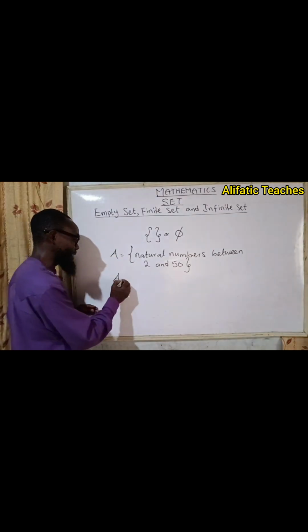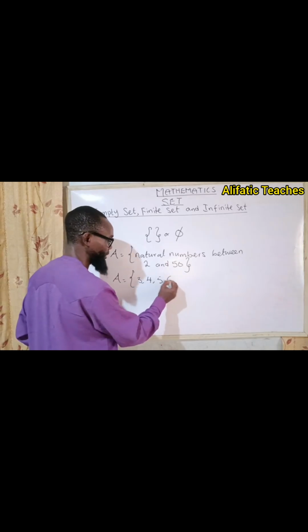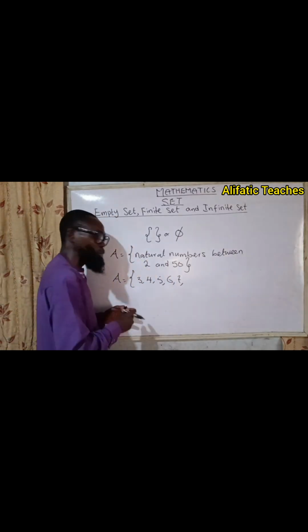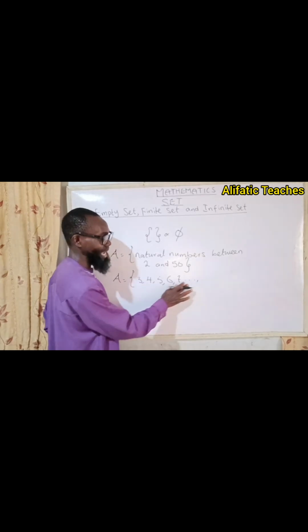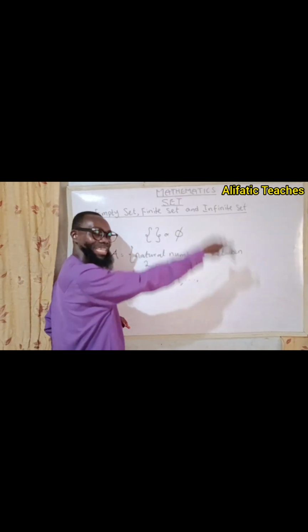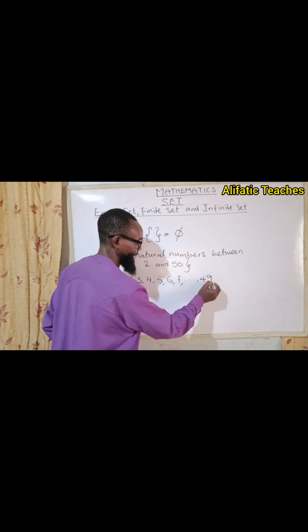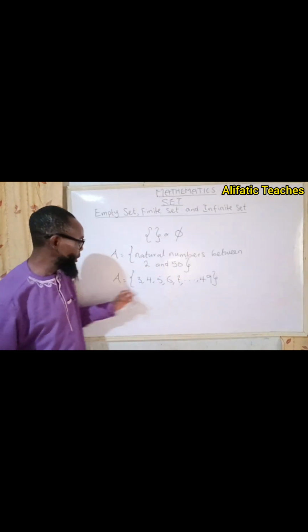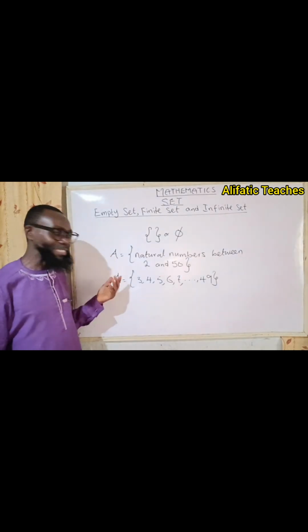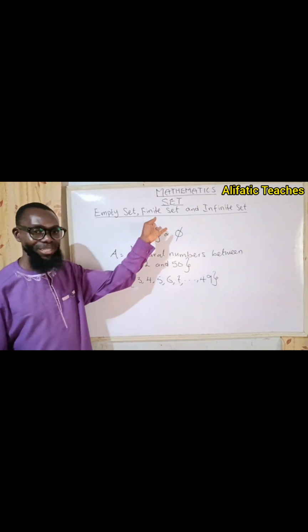Now, I'm going to start listing: 3, 4, 5, 6, 7. But instead of listing everything, I can use 3 dots to show that some elements are still here, then I will write the last one. So the last one is going to be 49. In this case, all of these are the elements of A. But because it's easy for me to list all the elements, we call it a finite set.